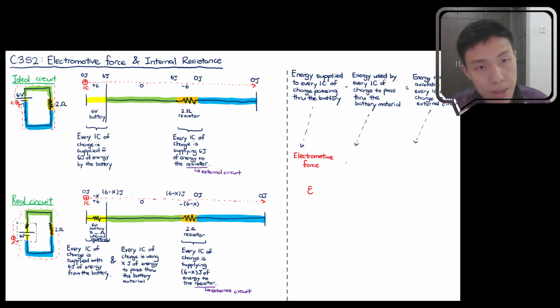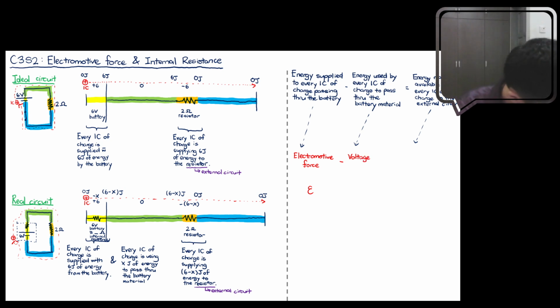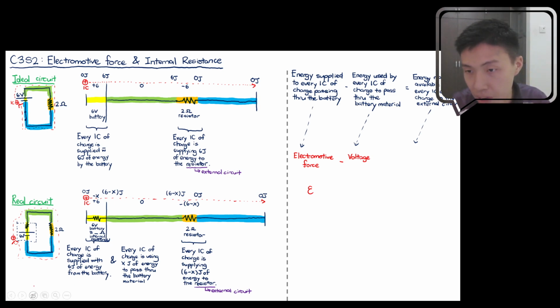Then minus something. This energy used to get through a battery material is just the voltage drop. I call it potential drop, sorry. Just trying to be accurate with my wording. This is the potential drop in the battery. Why is there a drop? Because you want to use that drop to get through the battery material.